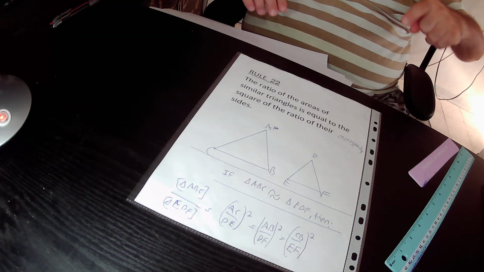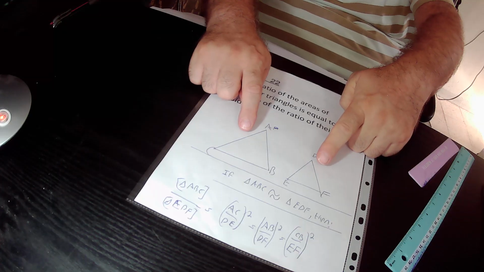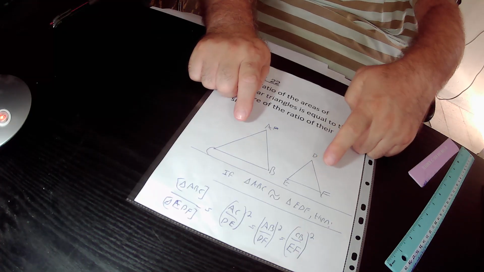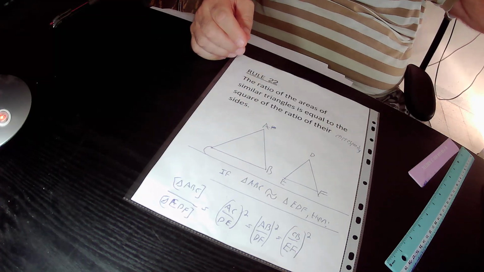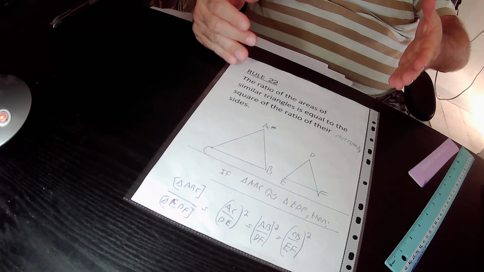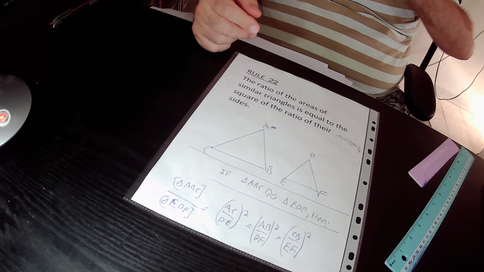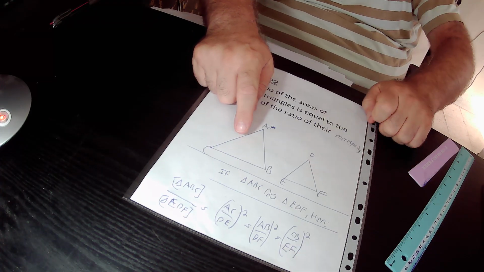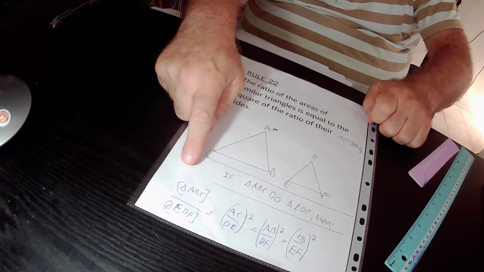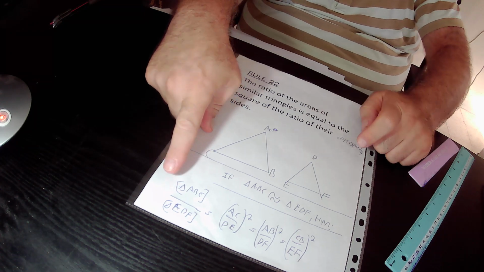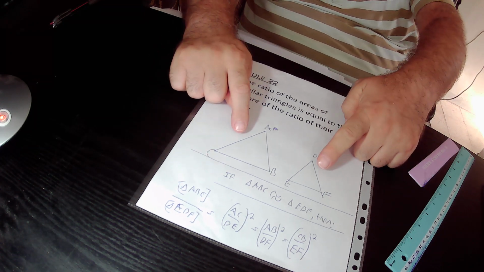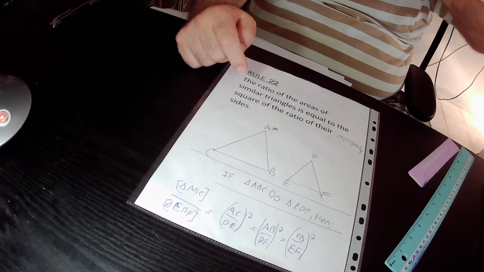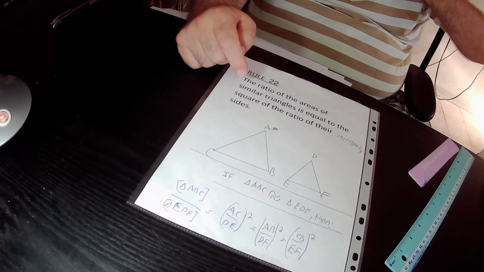Okay, so in the drawing we have those two triangles, triangle ABC, triangle DEF, that are similar to each other. And according to this rule 22, the ratio between the areas of those two similar triangles, that is to say, the area of triangle ABC over the area of triangle DEF, is equal to the square of the ratio of their corresponding sides.